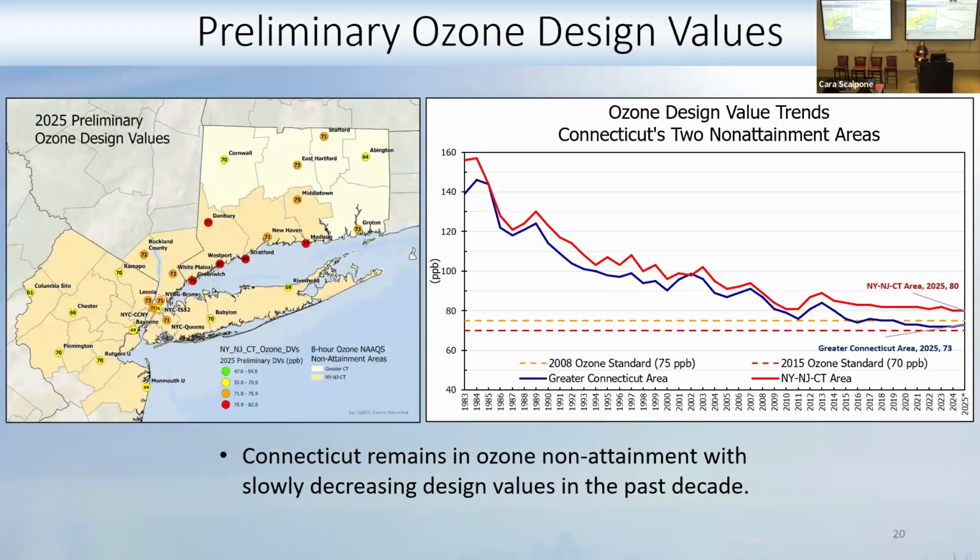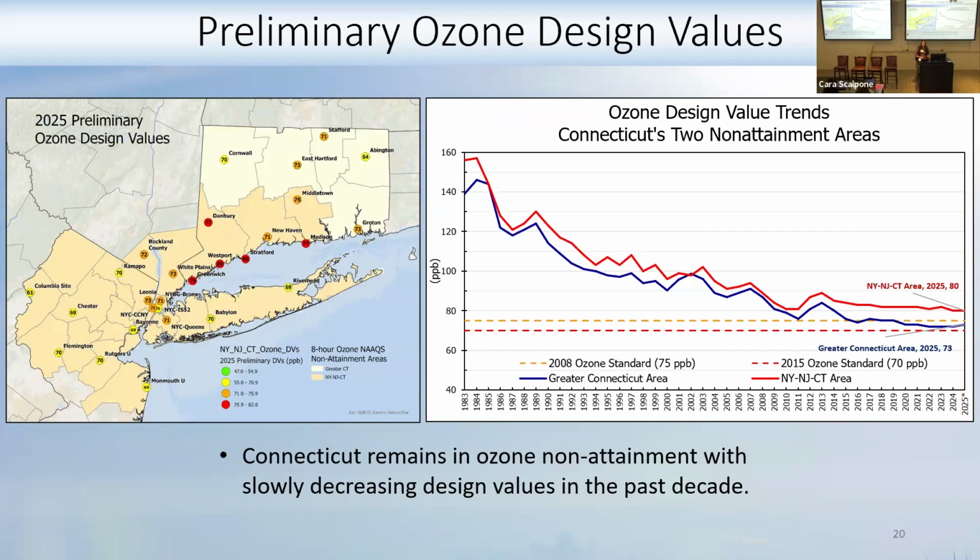So then taking a look at the preliminary design values, I know it's a little difficult to see the numbers, but that darker shaded area is our New York, New Jersey, Connecticut non-attainment area, and our highest ozone design values there occurred at Westport and Stratford, and that was 80 parts per billion. And then the lighter shaded area is the greater Connecticut non-attainment area, and our highest ozone design value there was 73 parts per billion, and that occurred at East Hartford and Groton.